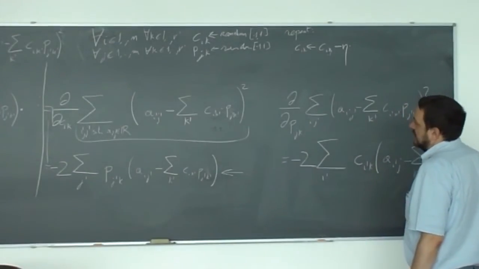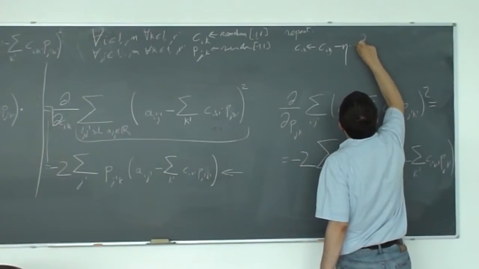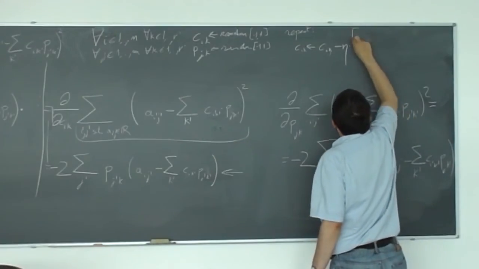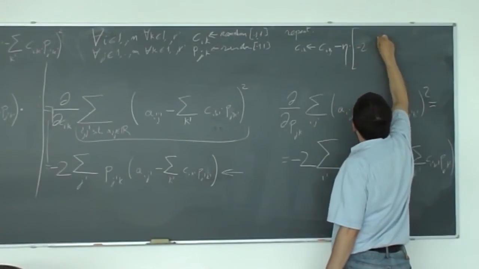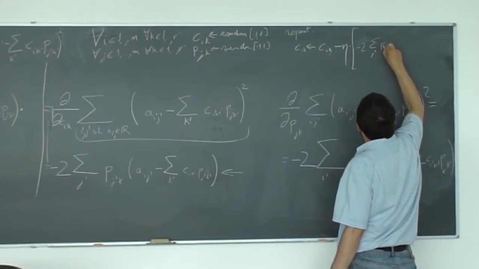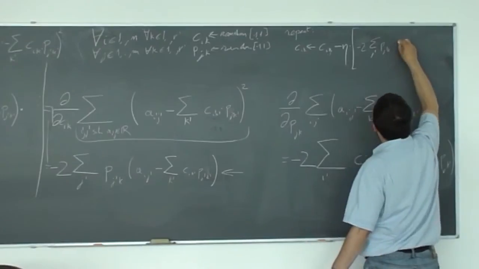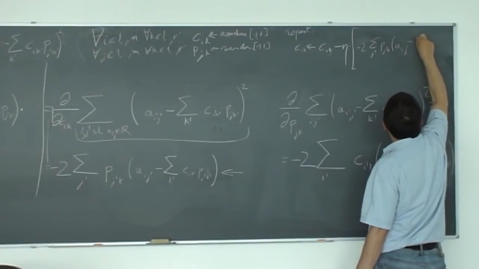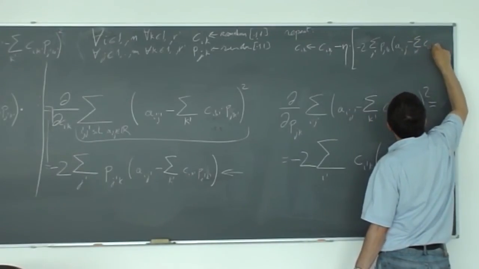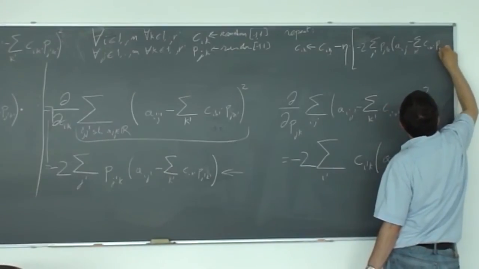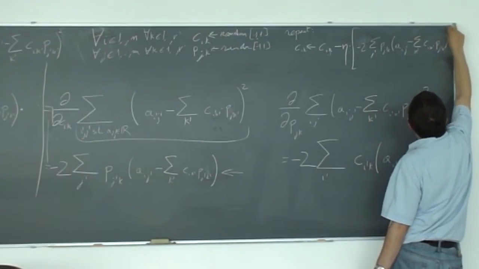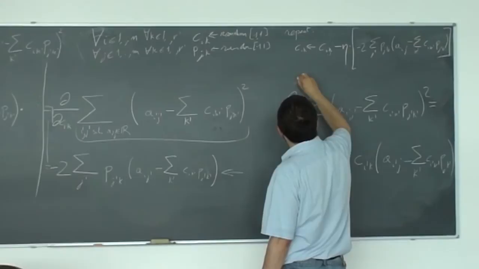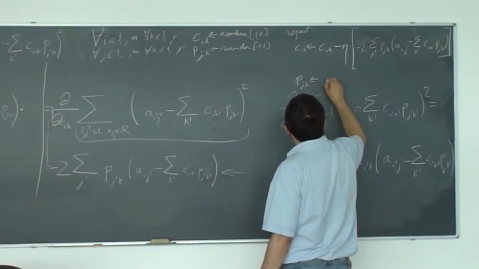So minus eta times what we computed as the partial derivative of that sum, or let's write it: minus 2 sum on j' of pj'k times (a_ij' minus sum...), and the same for all Pjk's.